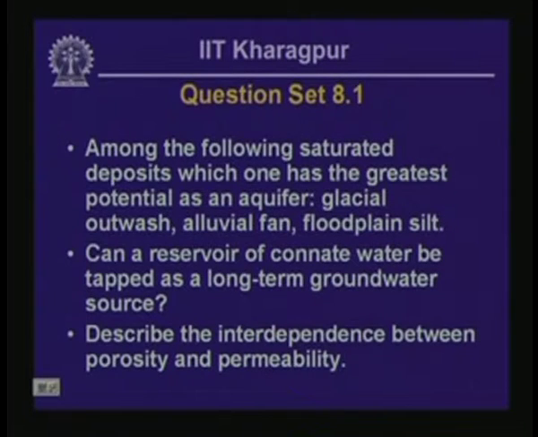Now if you recall from our previous lesson, what I said was that in order for a geologic unit to qualify as an aquifer, we need to have a fairly coarse grain size structure of the geologic unit.